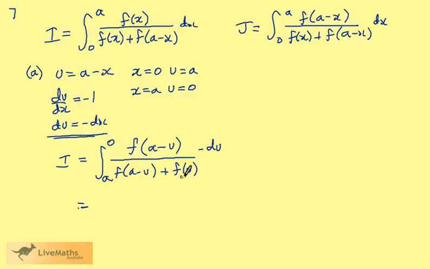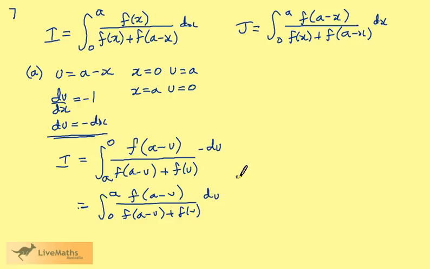Now we can get rid of this minus here by changing the limits. If the limits go the other way up, then we get the negative of the answer with the limits this way up. So that gets rid of this negative. So we have f of a minus u over f of a minus u plus f of u du.